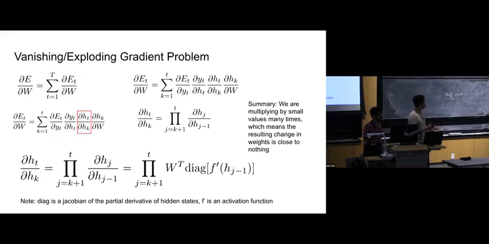That means that when we update our weights, they're not going to change by a lot. So the weights are basically stuck in a certain position and you're not really learning anything. That's what's called the vanishing gradient problem. The opposite of that is the exploding gradient problem: you're multiplying by a very high value so many times, and that basically causes the same issue as well.